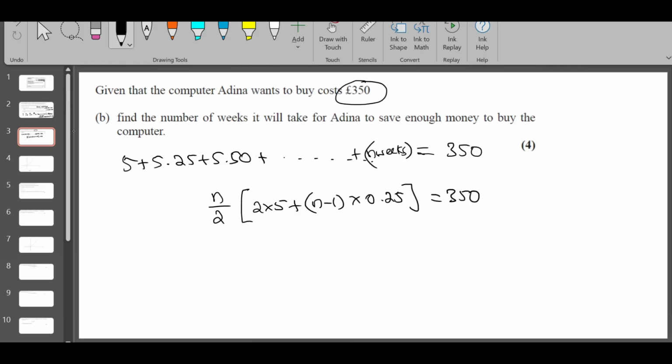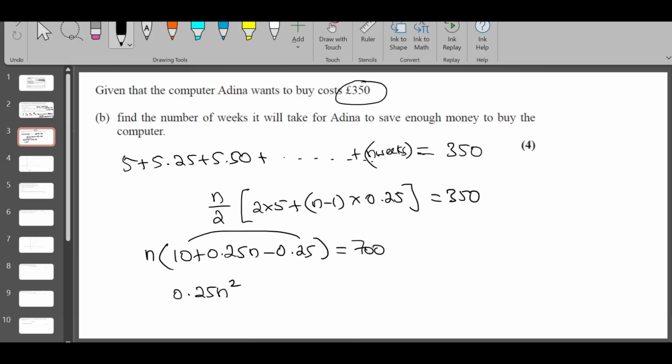When you bring the 2 to the other side, you'll get n times 10 plus 0.25n minus 0.25 is equal to 700. Open the bracket, you are going to get 0.25n squared plus 10 minus 0.25, which is 9.75n. Bring the 700 also to this side. That's a quadratic equation, right?